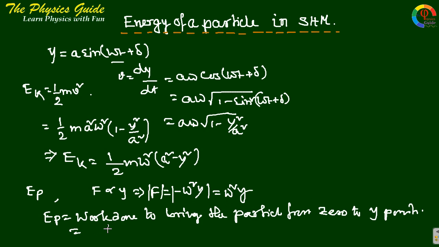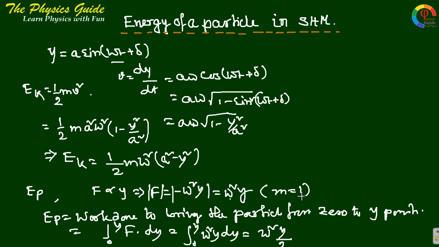that is the integration from 0 to y of F dy, that is the integral from 0 to y of omega squared y dy, that is omega squared y squared by 2. So this is for unit masses, because this force equals omega squared y for m equals 1. If we take mass m, then Ep equals half m omega squared y squared.